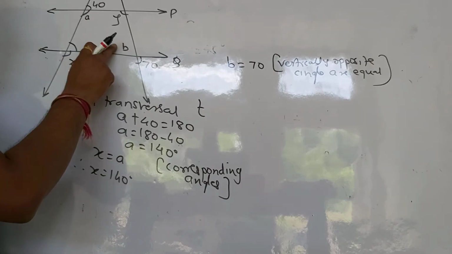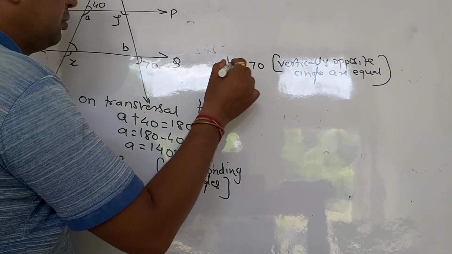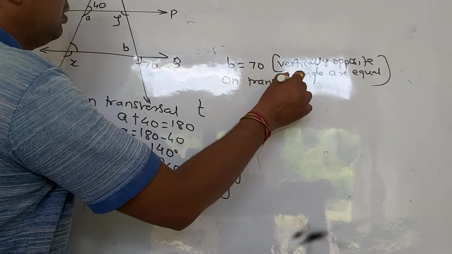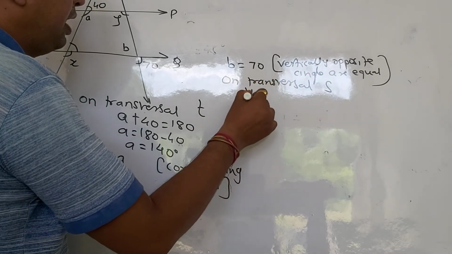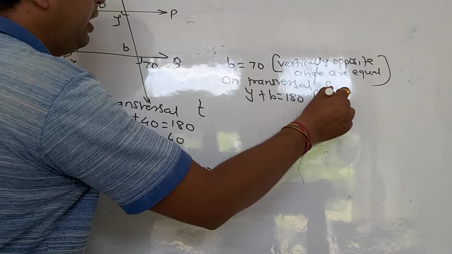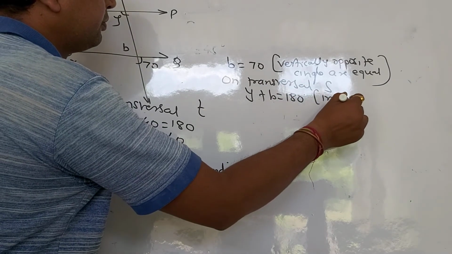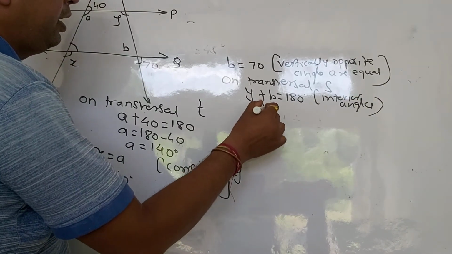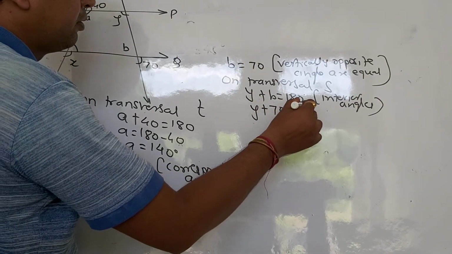Now Y and B, on transversal, Y plus B is equal to 180. Reason you can give interior angles. Substitute the value of B. We got 70 here.